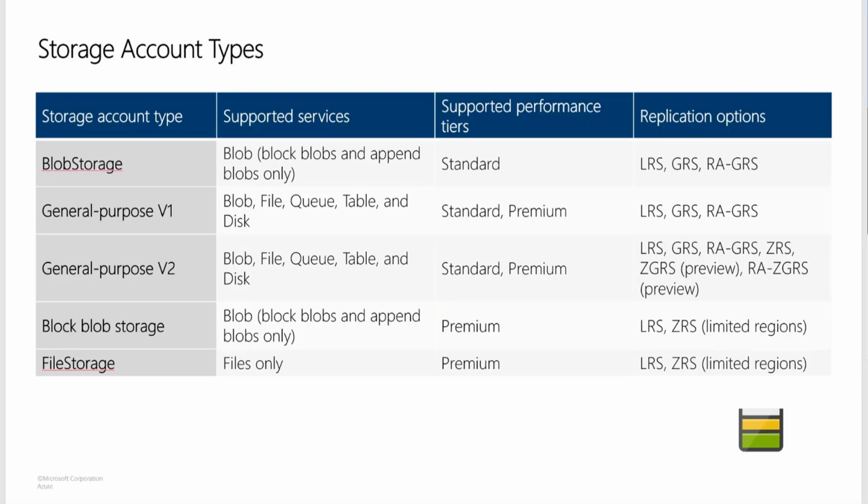So there will be latency, and it's not meant for high IO intensive applications. The recommendation is to use GPv2 whenever possible instead of blob storage. And all of these storage accounts are encrypted using SSE, storage service encryption, that we studied earlier.